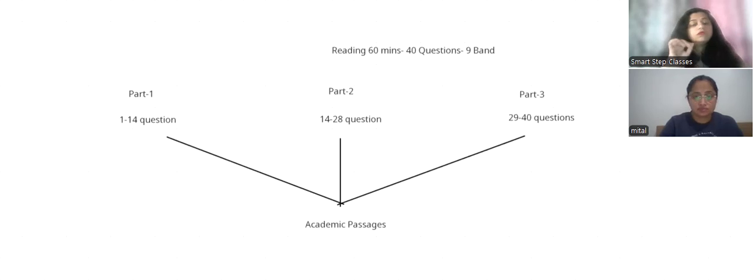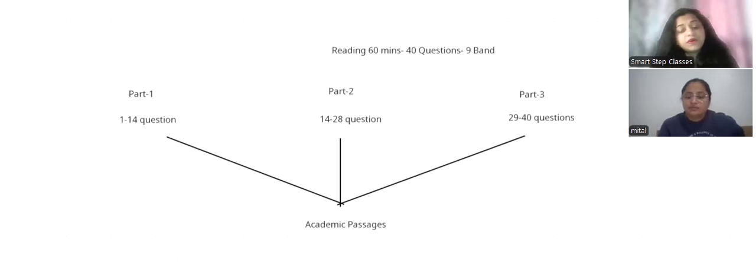Now, it is not possible for a human brain to manage the same level of understanding, calmness, and composed ideas in the mind. So you have to play a smart trick here: in part one and part two, try to get the maximum correct answers. Part one and part two, so that clearly 28 points you can secure.